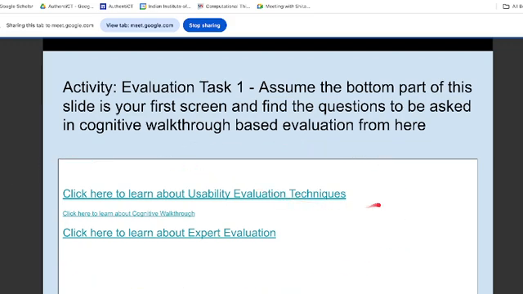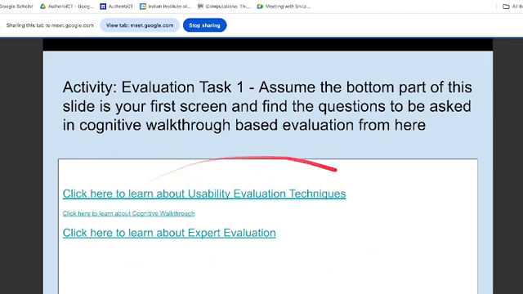Our specific task is to find the questions to be asked in cognitive walkthrough based evaluation. We are the expert users that will evaluate the system.